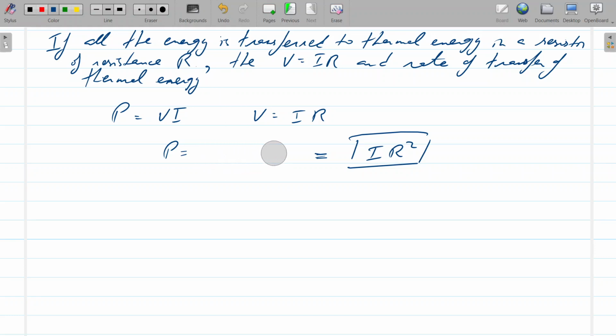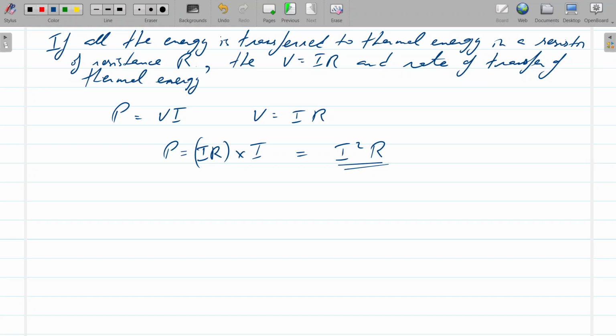Not IR times R, but IR times I, and so that becomes I squared R, not IR squared. So in any case, you can find the power when you don't know the voltage, you know the current and the resistance. So there's a way to do that as well. Okay.